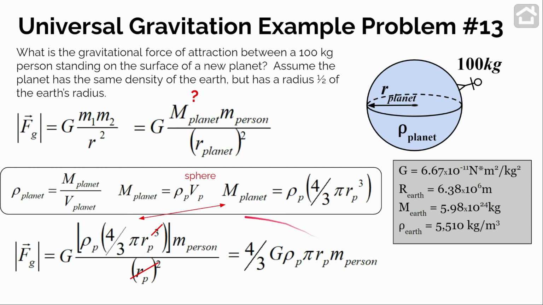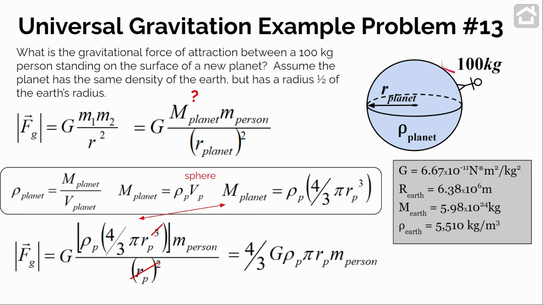So we can see that the weight of somebody, looking at our expression, is proportional to the radius of the planet. If everything else is the same between the Earth and this planet, if this new planet has half the radius, proportionally, that means their weight should be exactly 1/2 of what we would expect it to be on the Earth.